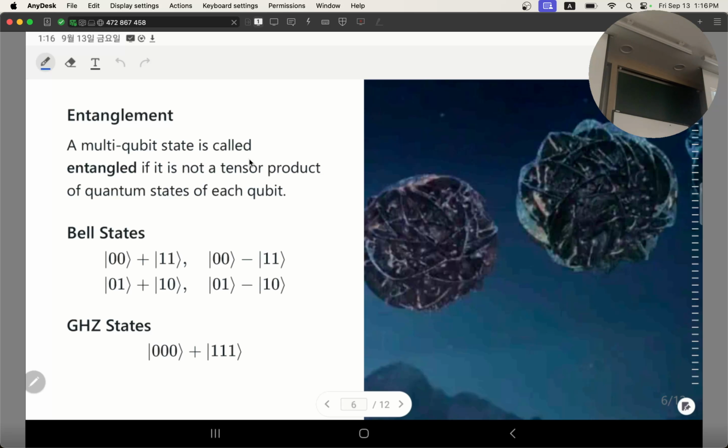So now it's an interesting statement. Let's talk about entanglement. The definition is simple. A quantum state is called entangled when we have a non-tensor product of single qubit states.